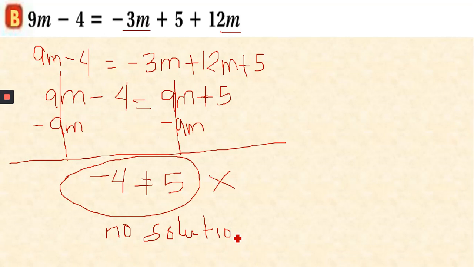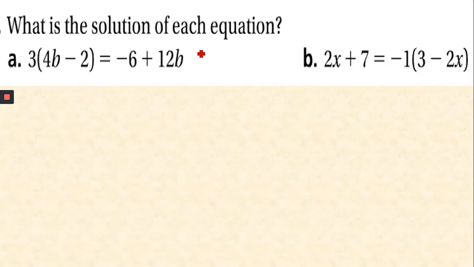Okay. Any question? Can you see now the difference between no solution and many solutions? Let us have this one. We're going to get rid of the parentheses. All you need to do is apply the distributive property of multiplication.